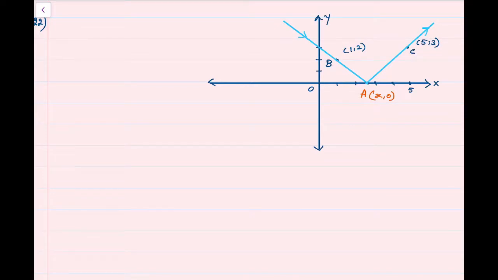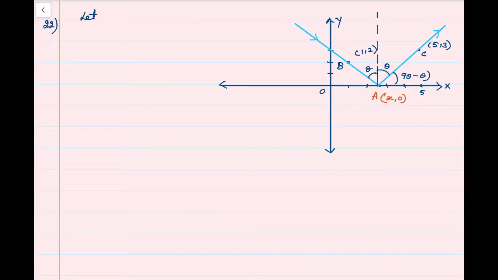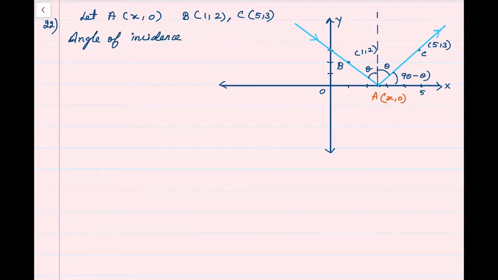Let us draw a perpendicular through A, perpendicular to the x-axis. We know that the angle of incidence is equal to the angle of reflection. Therefore, this angle will be 90 minus theta. Let A be x, 0 and B is 1, 2, C is 5, 3. We know that angle of incidence is equal to angle of reflection.